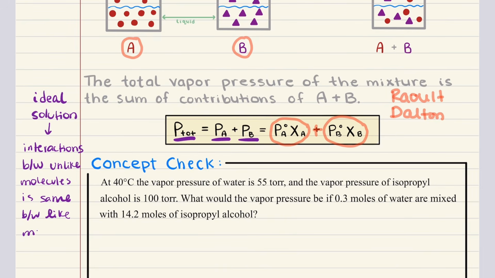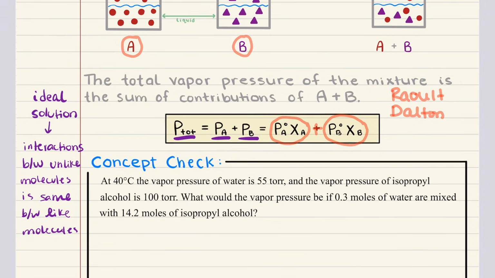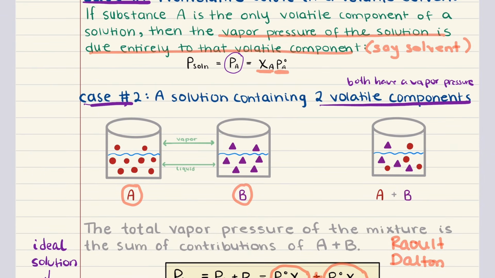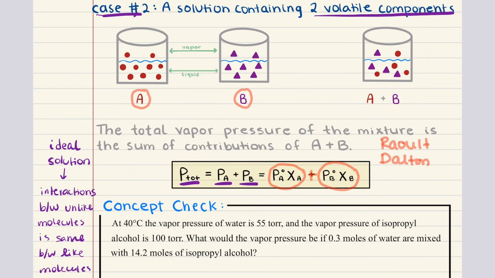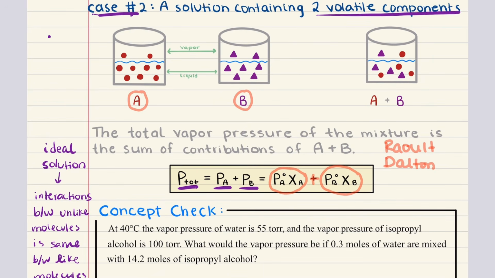This happens when the interactions between different components are weaker than the interactions in the pure liquids, so molecules escape more easily. Others are going to show a negative deviation from Raoult's law, where the vapor pressure is lower than predicted. This is going to happen when the interactions between unlike molecules are stronger, so molecules are held back more tightly.